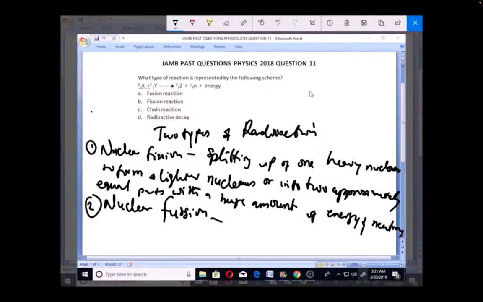Whenever you have a big nucleus splitting into smaller ones with the release of energy, we call it nuclear fission.